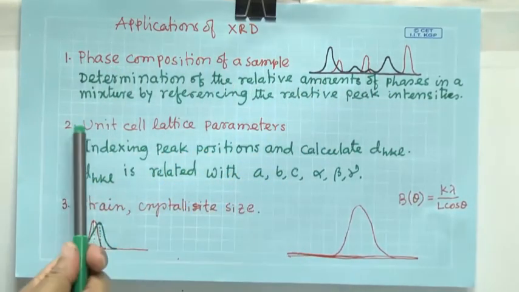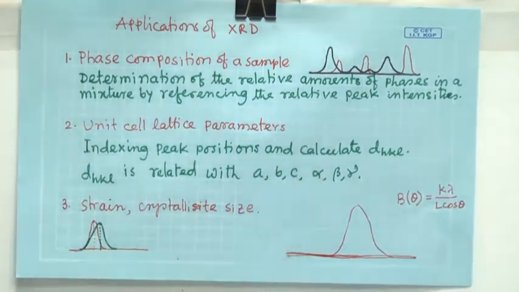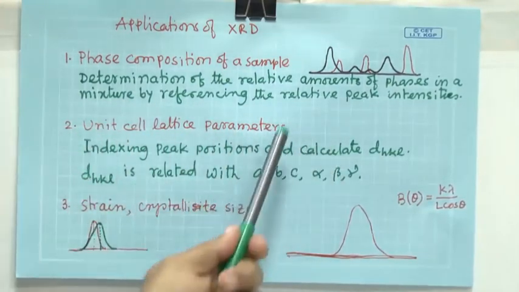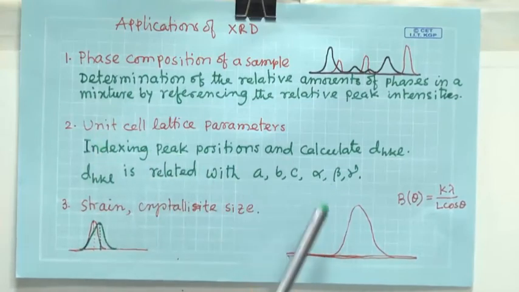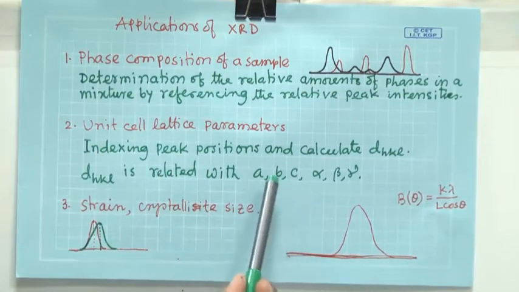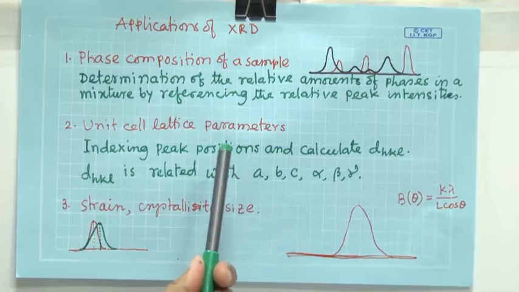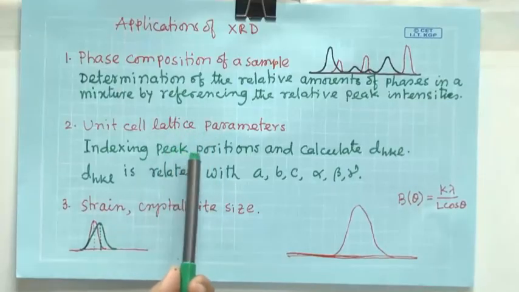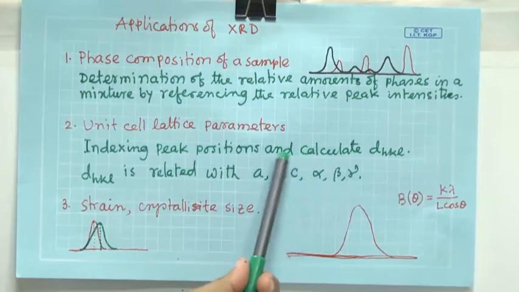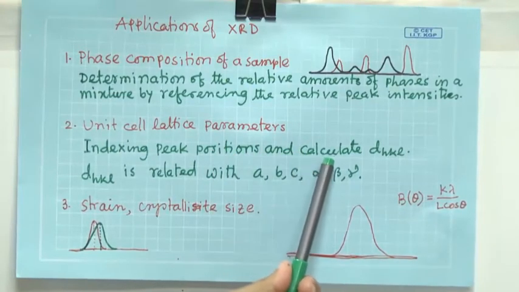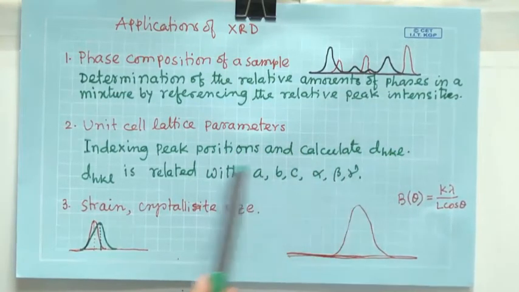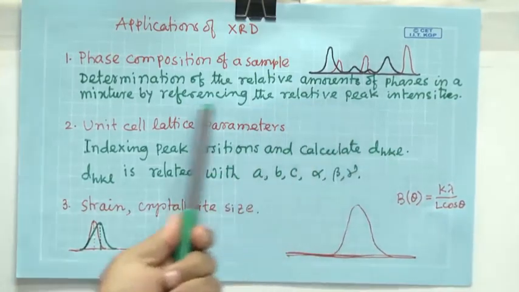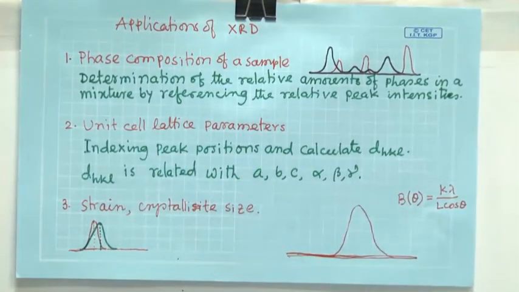And of course, there are the unit cell lattice parameters, as I told, by indexing the peaks, meaning 1 1 0 peak, 0 0 3 peak, etc. So, indexing the peak positions, from there you get theta and calculate d_hkl, which is related to this. So, one can find out the lattice parameter.